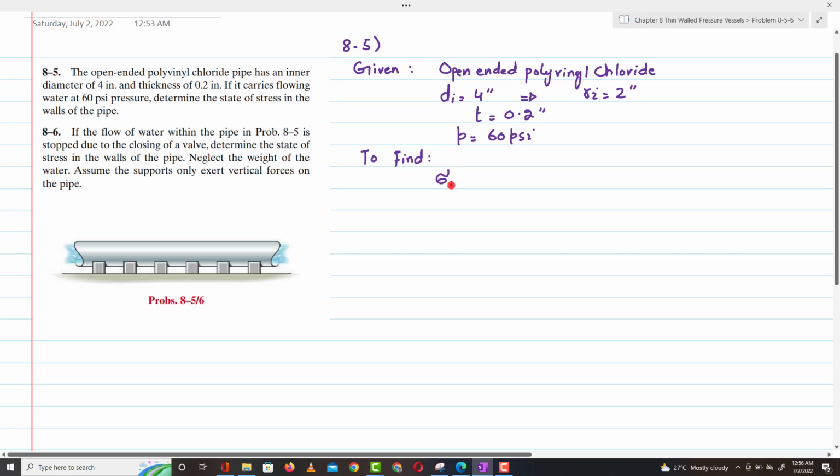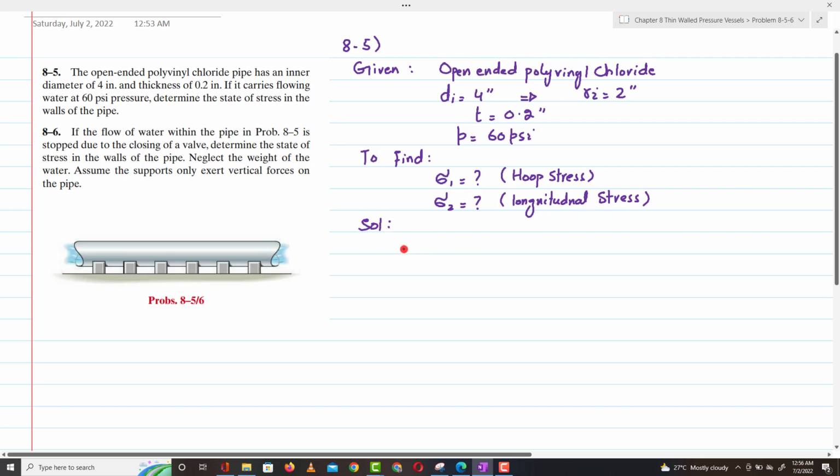So you have to find the state of stress. State of stress means you have to find the hoop stress as well as longitudinal stress. So let's start with the solution.